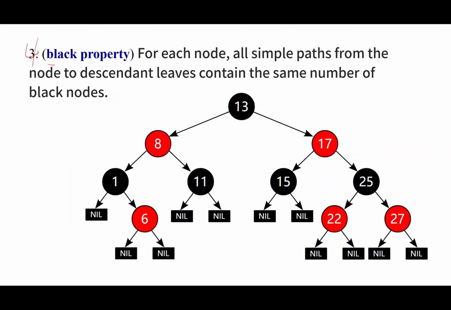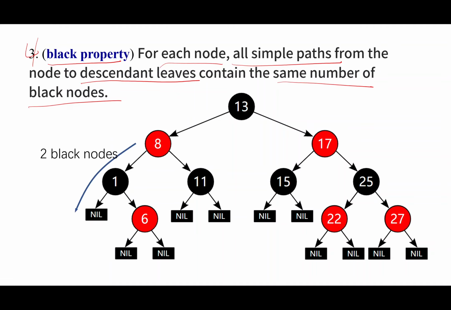Another property is called black property. For each node, all simple paths from the node to the descendant leaves contain the same number of black nodes. For example, for this node, if we go to one leaf, then we must go through 2 black nodes, this black node and this black node.